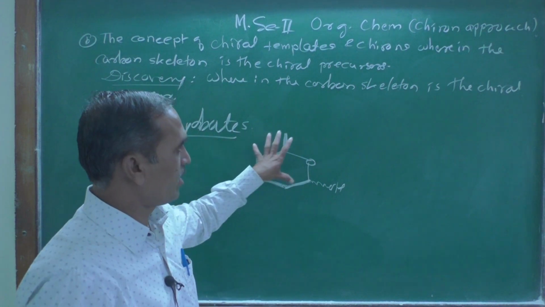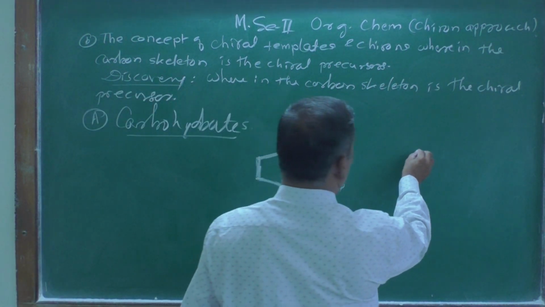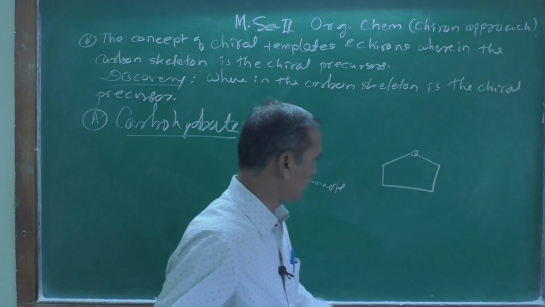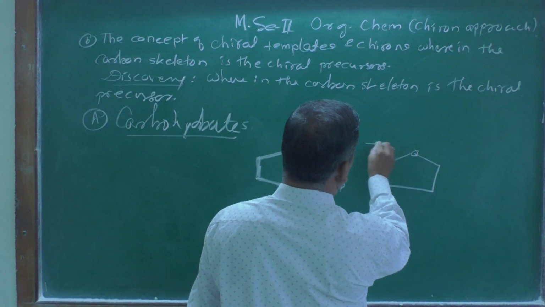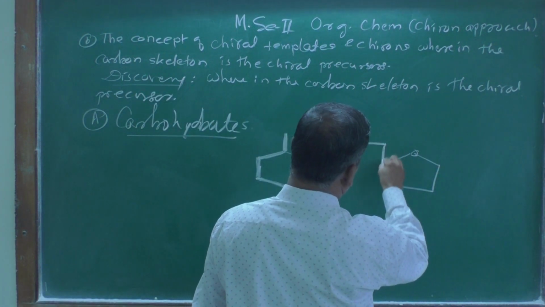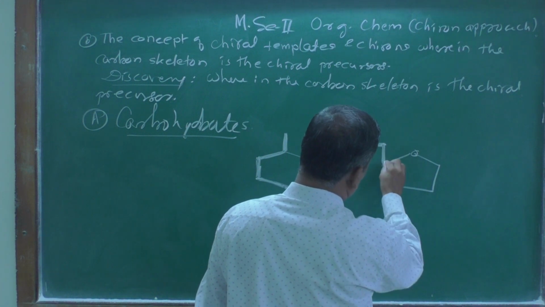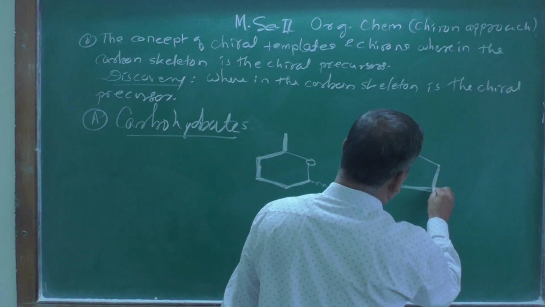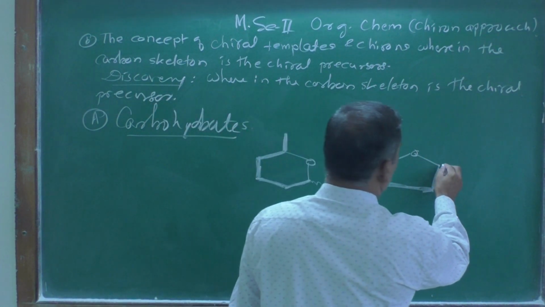We can see another type of skeleton in carbohydrates over here, a 5-membered ring. This is a 6-membered ring, and this one is a 5-membered ring. I am thickening this one. It clearly indicates that this type of skeleton is present.